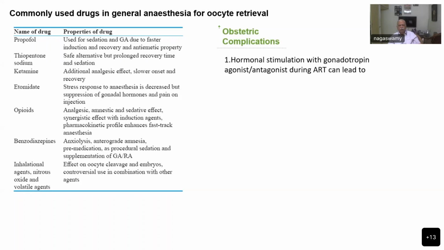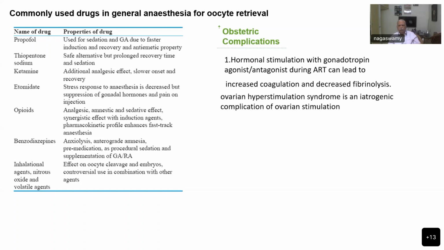Now, obstetric complications that can happen because of this therapy: hormonal stimulation can lead to the following: increased coagulation and decreased fibrinogen. Ovarian hyperstimulation syndrome is an iatrogenic complication of ovarian stimulation, and multiple gestations or pregnancies are very common with this treatment, and sometimes ectopic pregnancy.